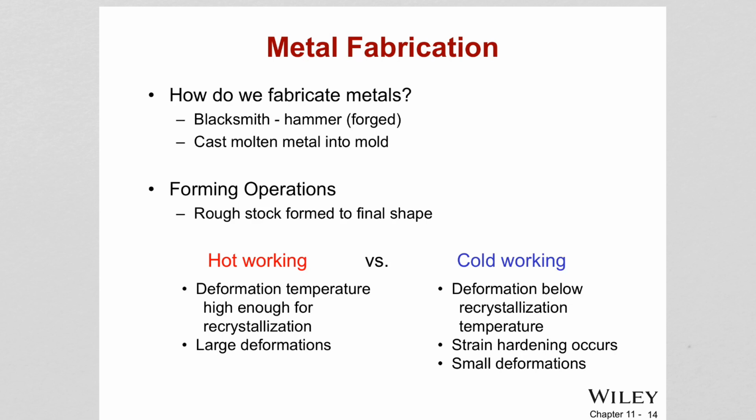So there are advantages and disadvantages to both. Cold working, remember, strengthens the material but reduces ductility. This is where the deformation happens below the recrystallization temperature. Remember the annealing process. In this case, the material gets stronger. We call it strain hardening.